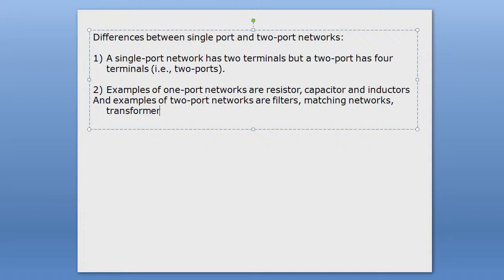You also write transmission line. This topic you will cover in your next transmission line course. These are examples of two-port networks.